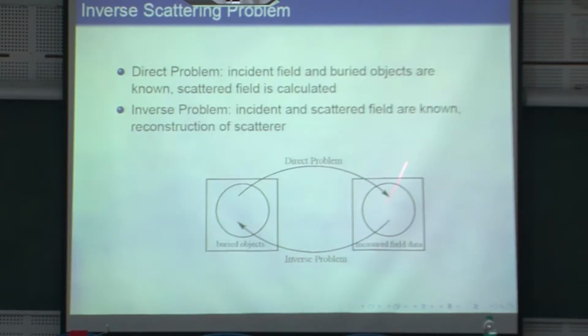In the inverse problem I measure and I try to retrieve. So in the direct definition, incident field and buried objects are known, and scattered field is calculated. Either you have a form for that, you make some analysis and you have an analytic, closed form, or you say, no, this is too complex for me, let CST or HFSS do it for me. So in both cases you have the same.